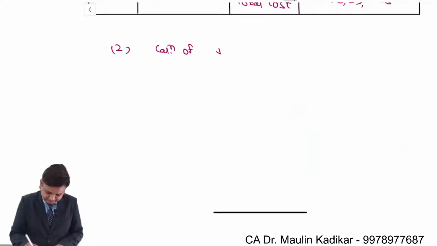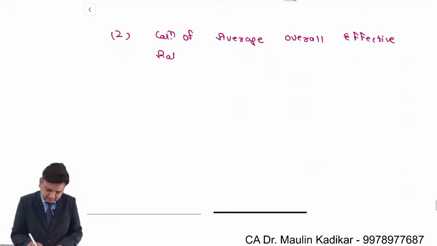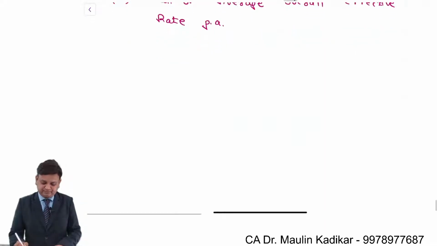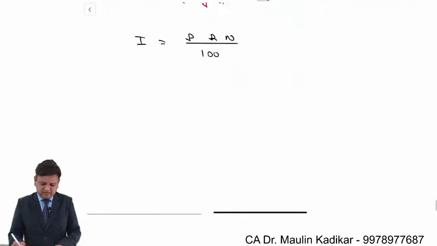Calculation of average overall effective rate per annum. In that, I is equal to PRN upon 100. This is a simple formula.